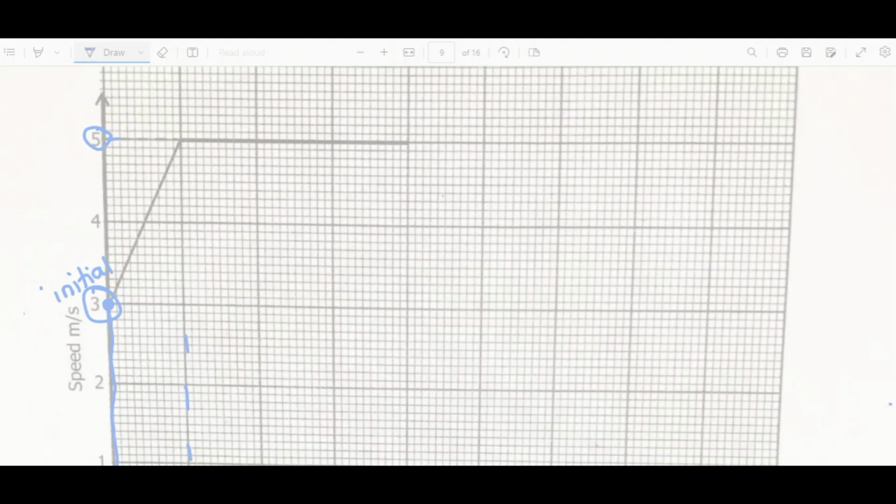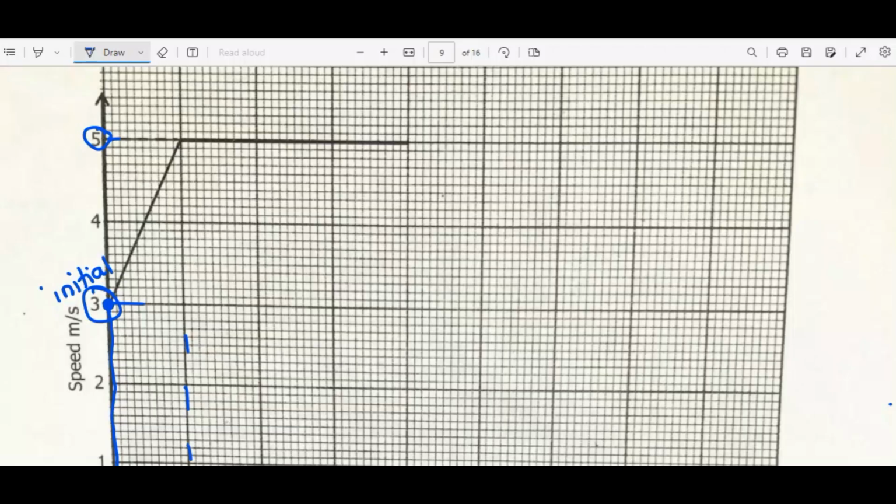Since the graph is ending at 20, if we were to draw the line, the line will end here, since this is where the line is ending. So now what shape are we dealing with here? We are dealing with a trapezium.